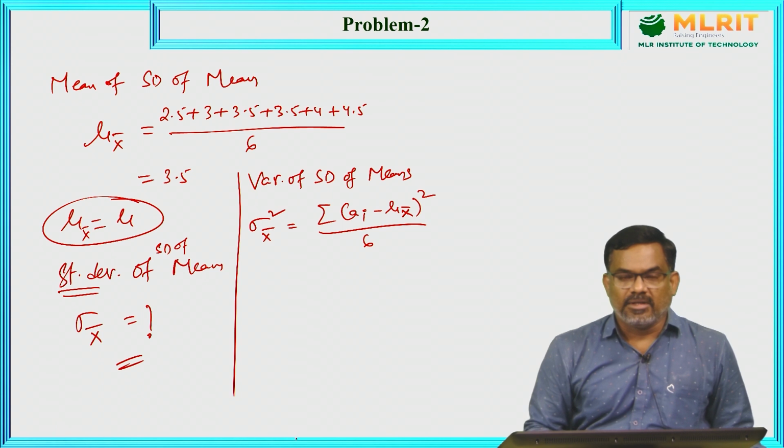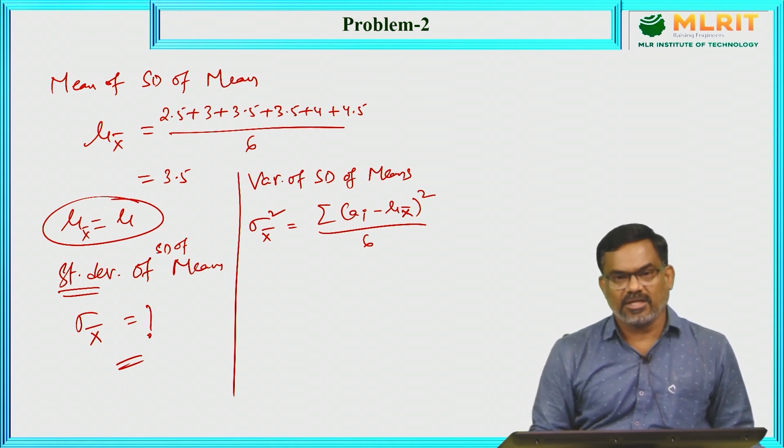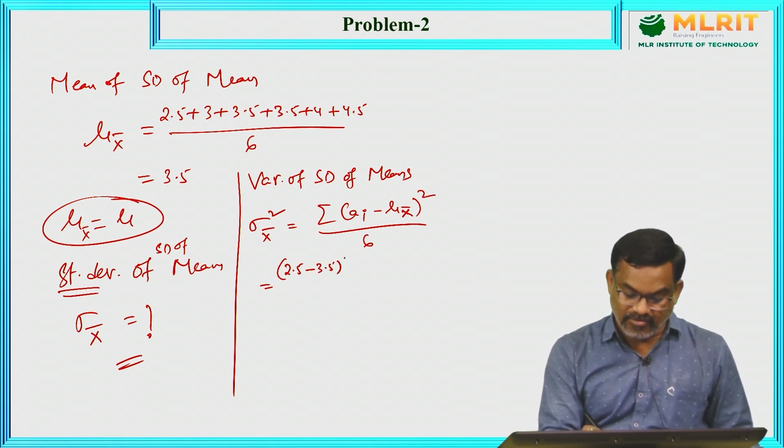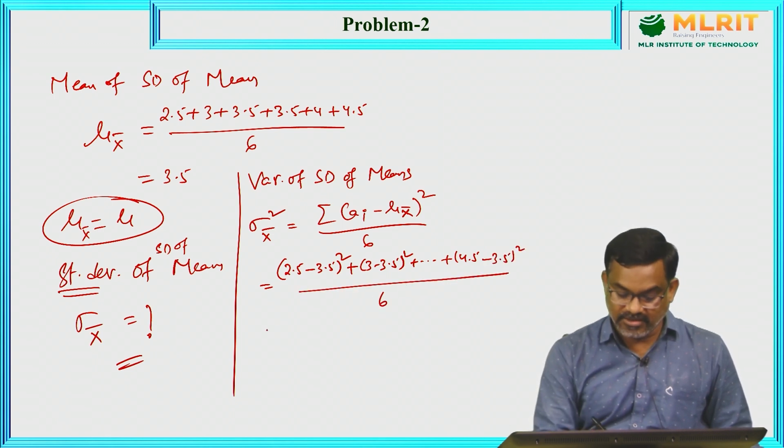So it is the sum of the squares of deviations of the values from the corresponding mean. Here, 2.5 minus 3.5 whole square plus 3 minus 3.5 whole square. Like this, the last value is 4.5 minus 3.5 whole square, whole divided by 6.